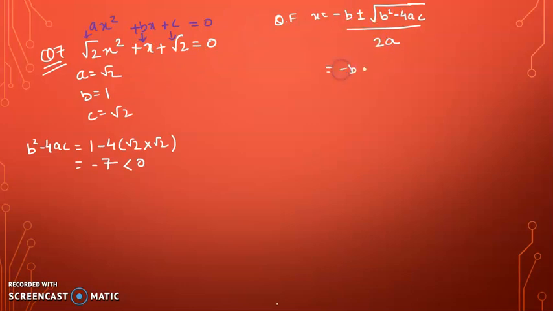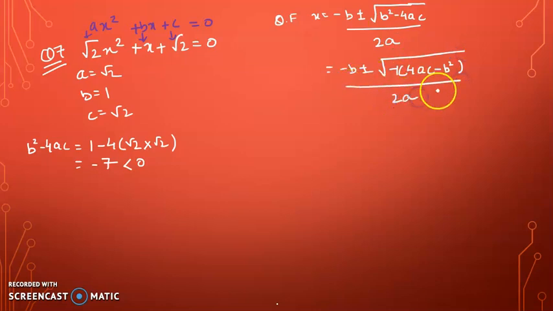So minus b plus minus under root of, if I take minus common, I will get 4ac minus b square, correct? Check, minus 4ac, right? Minus minus plus. So I can write this minus 1 upon 2a, right, students?